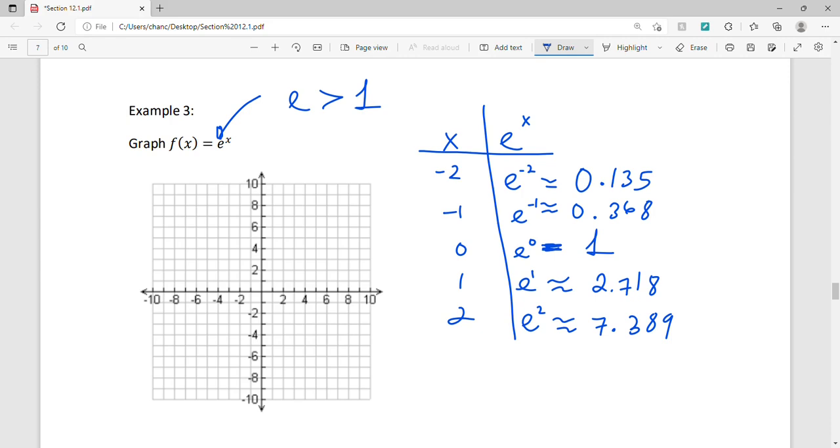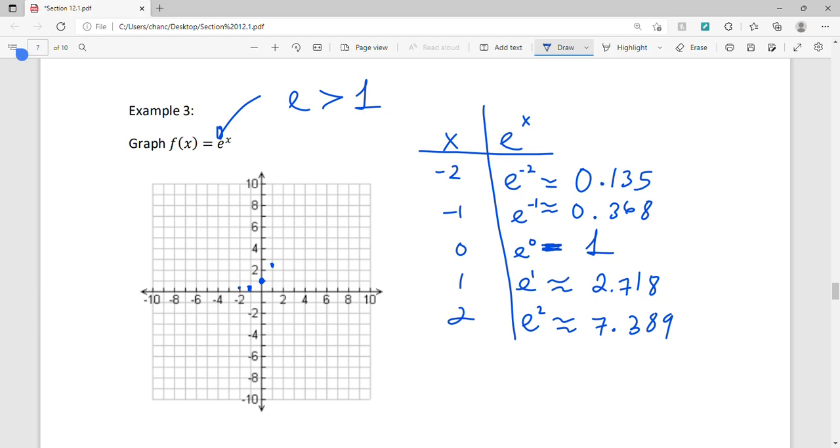We have negative 2, 0.135, and we're just going to estimate where that is. 0.368 is a little bit higher. e to the 0 is 1, so this is exactly 0, 1. We have 1, 2.7, so that's pretty close to 3, but not quite 3.